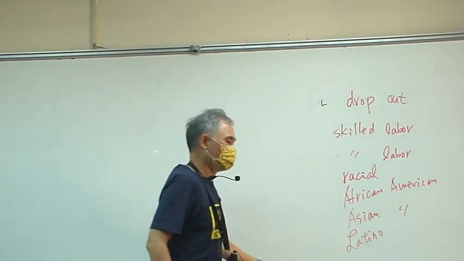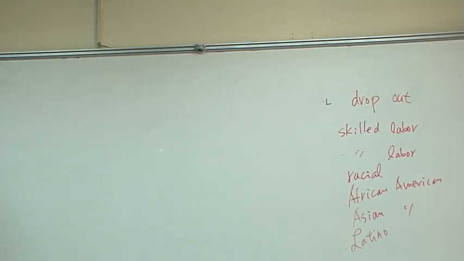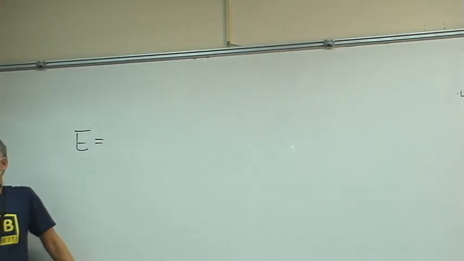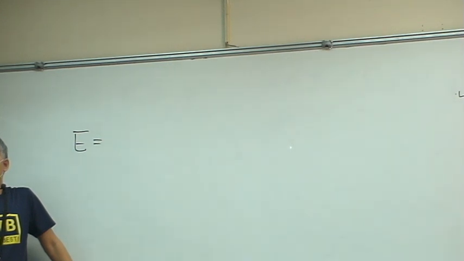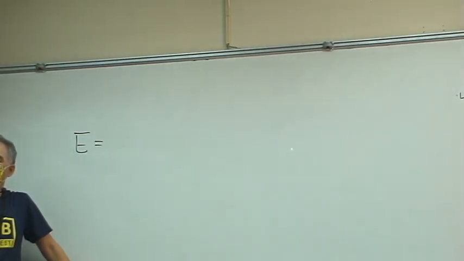Okay, let us try elasticity. Finally we get to elasticity. Elasticity is a measure. What do we want to measure? A percentage change in price, and then how it refers to what's going on in the quantity.